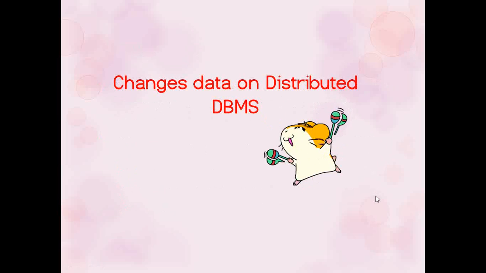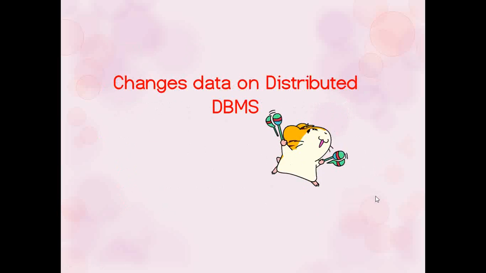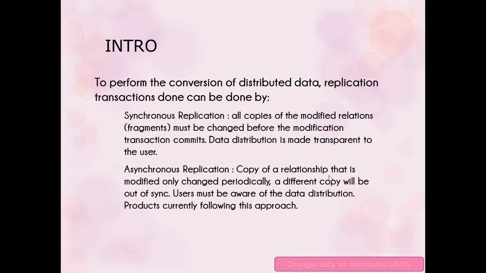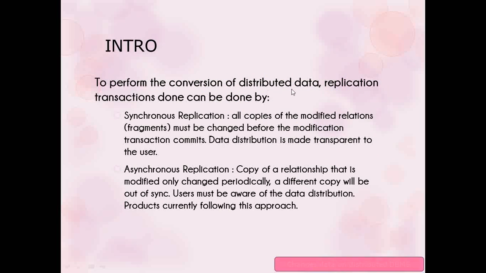Next subject, changing data on distributed DBMS. To perform updates of distributed data, replication can be done in two ways: synchronous replication and asynchronous replication. In synchronous replication, all copies of the modified relation or fragments must be changed before the modifying transaction commits.